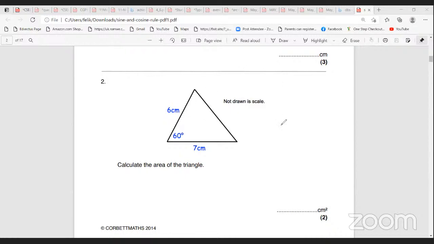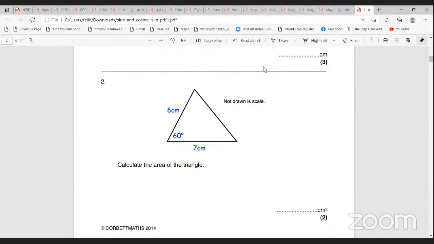All right, can I have the answers now? Which rule did you use to start with? Yes, I used the cosine. Okay, and why did you use the cosine?